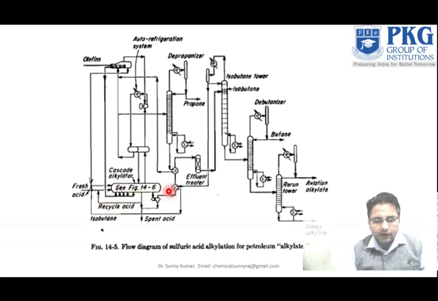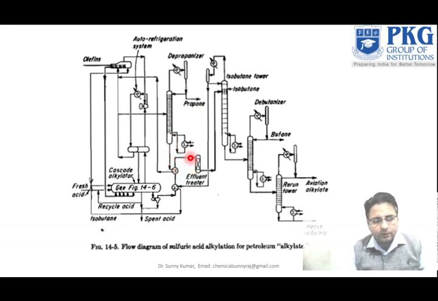And then we directly send to this depropanizer. This is a depropanizer column. Inside this we will send, if you will see here, the arrow is going here, so the sulfuric acid and olefins we directly send in here, and we will mix. From the top side we will directly get the propane.